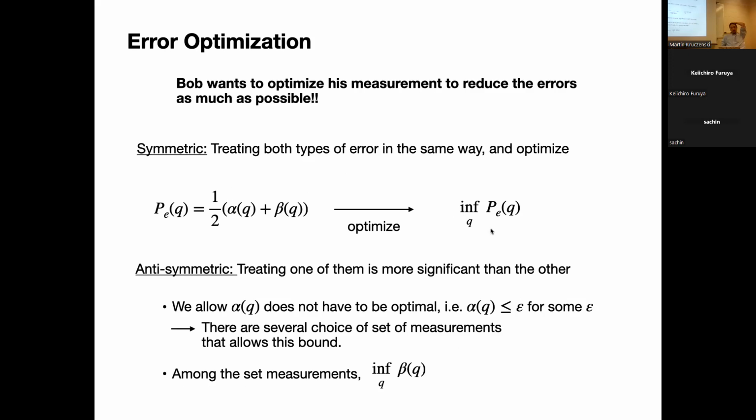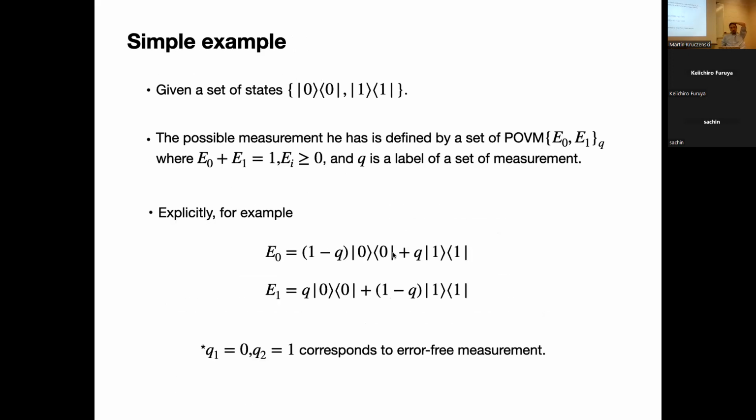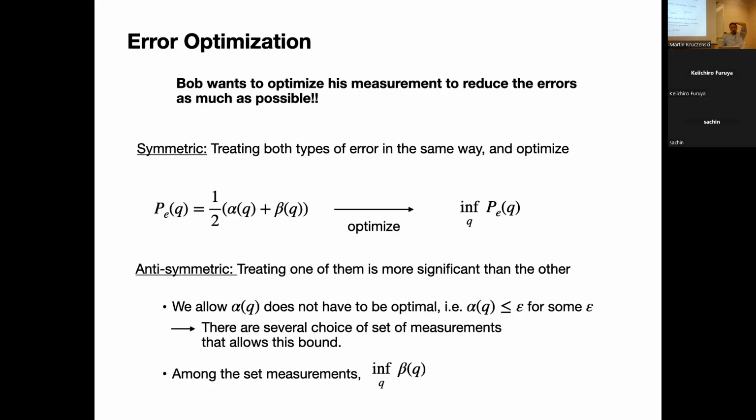To optimize the error, Bob needs to bring q to 0. When q equals 0, E0 becomes |0⟩⟨0| and E1 becomes |1⟩⟨1|, so it becomes a projection onto each state. This is the optimized measurement that Bob should do.